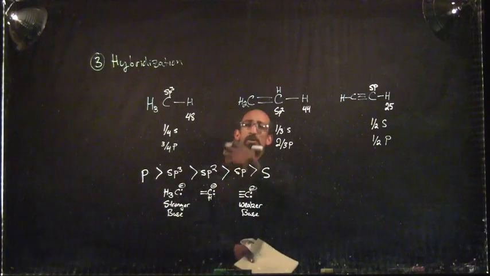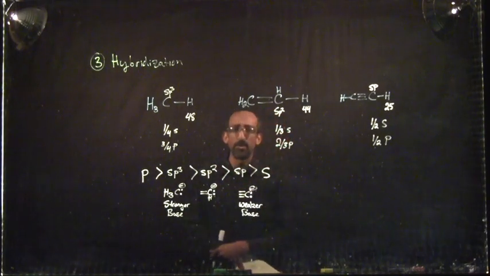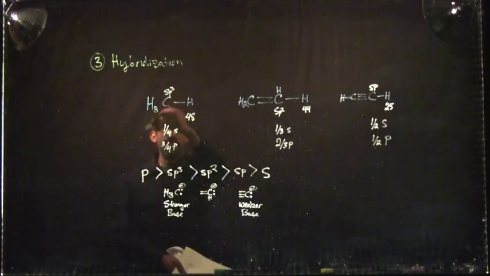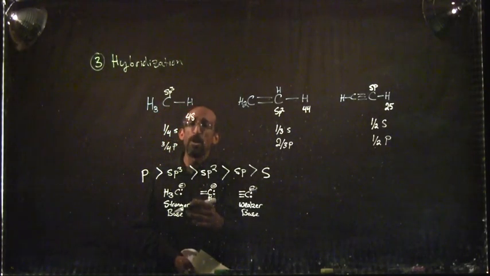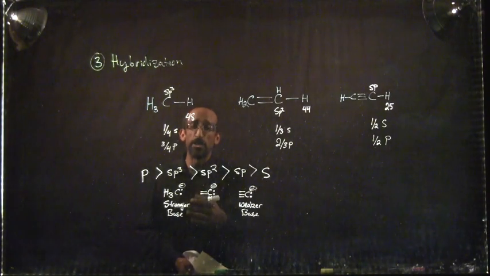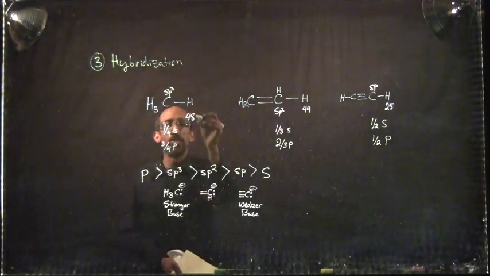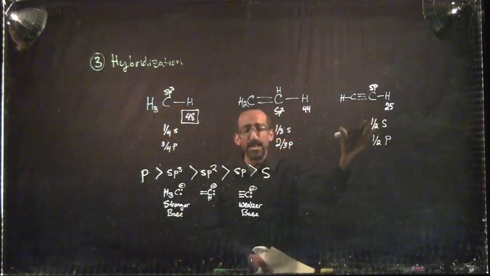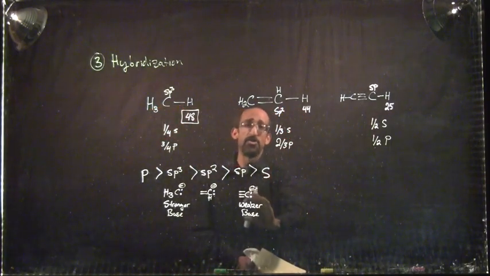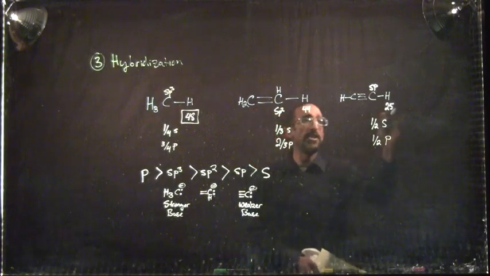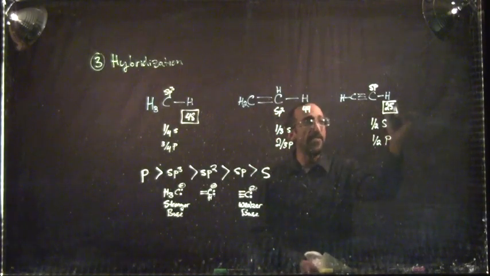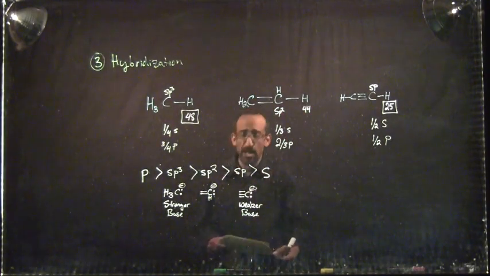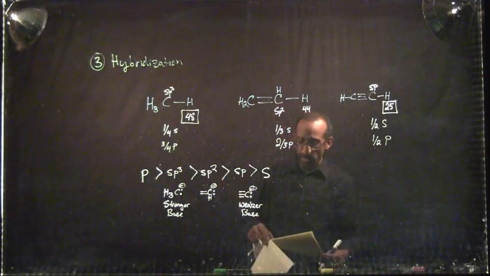And we can use our rules from the first video lecture for topic 12, which tells us that methane, which generates a stronger conjugate base, will be our weaker acid, which is verified by its pKa. And acetylene, which forms a weak conjugate base, is going to be a stronger acid, which is once again verified by its pKa. And so this is how hybridization influences the strengths of different acids.